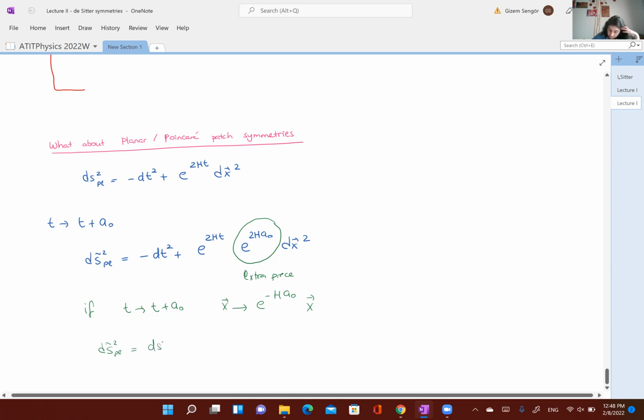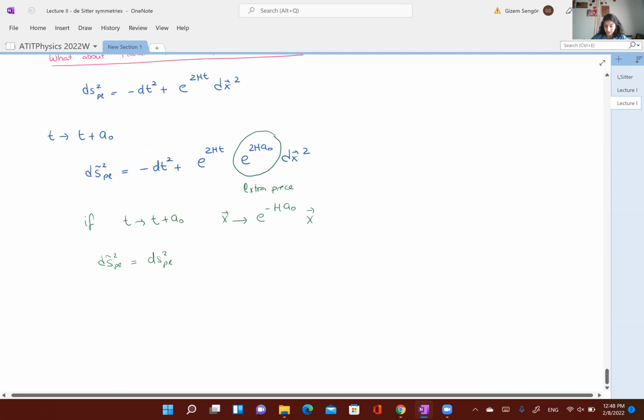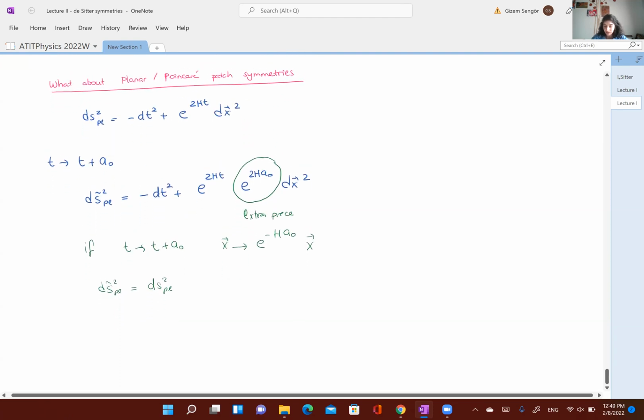So time translations alone, again, you see this even in the planar patch, are not an isometry, but something that has rescalings is an isometry.